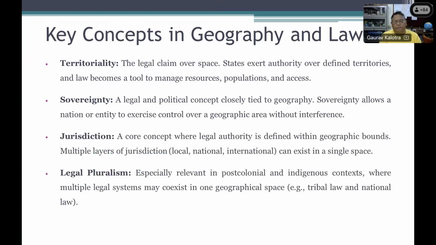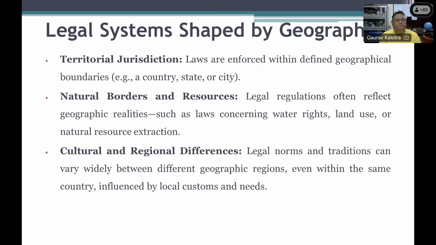Jurisdiction, a core concept where legal authority is defined within geographic bounds, and multiple layers of jurisdiction, local, national, international, can exist in a single space. Legal pluralism, especially relevant in post-colonial and indigenous contexts where multiple legal systems may coexist in one geographical space. For example, tribal laws and national laws.